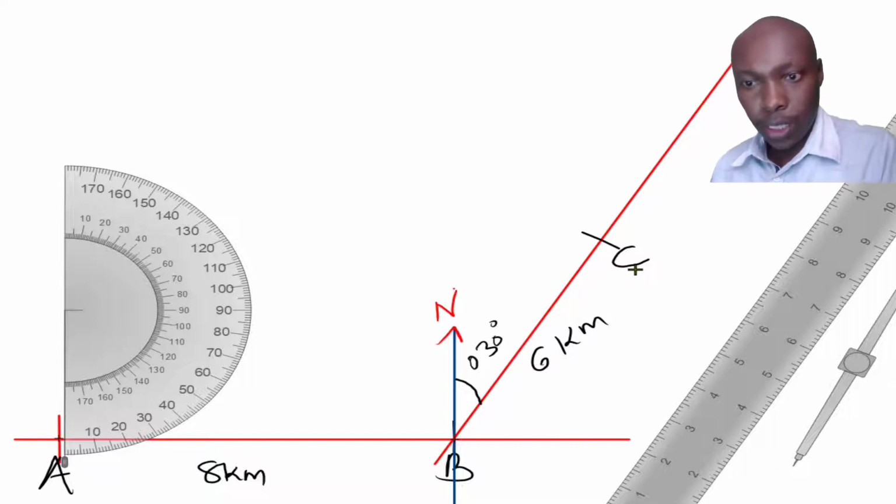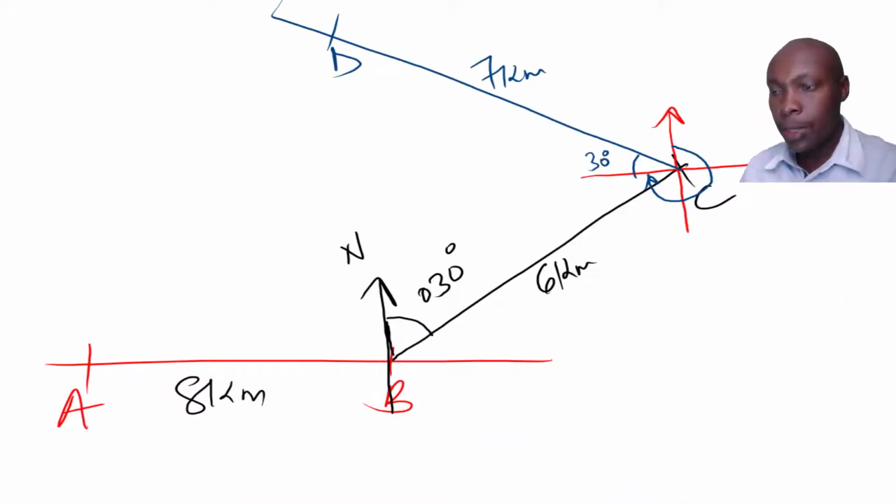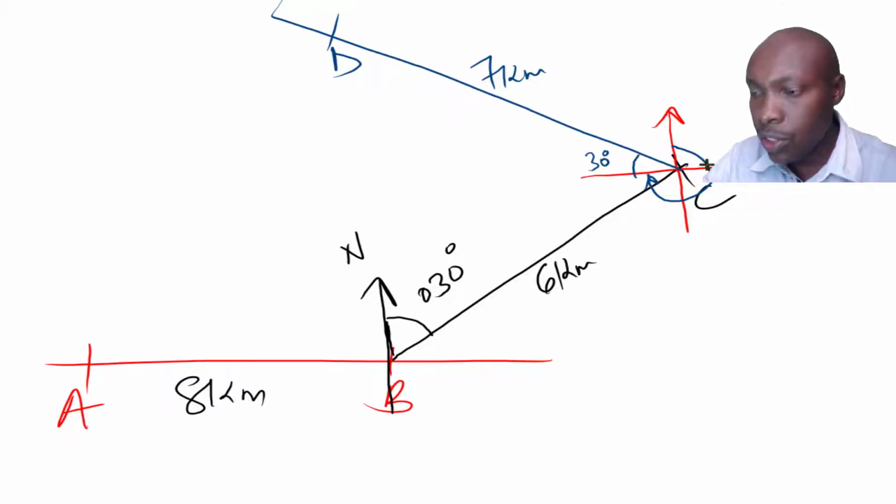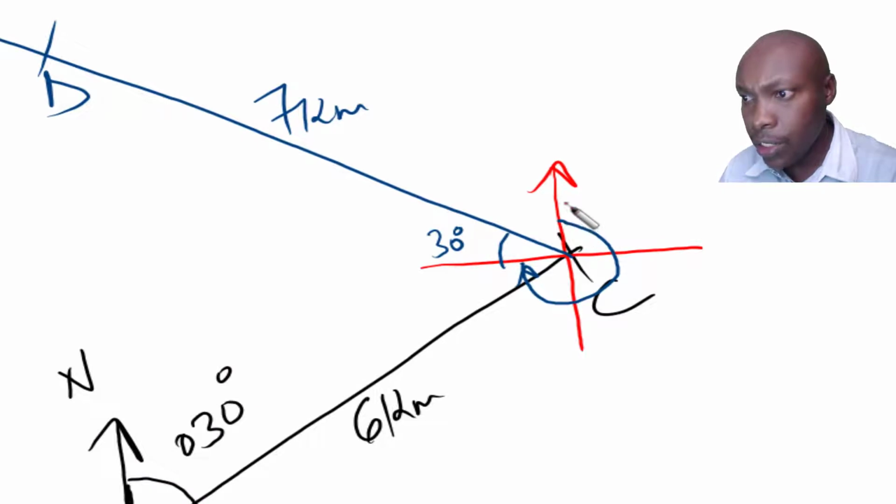The next thing to do, at point C, I'm supposed to measure D at 300 degrees from C. How do you need to measure that? From the clockwise direction, we don't need to measure the whole of that angle. From here, going in this direction anti-clockwise up to this point, that is 270.